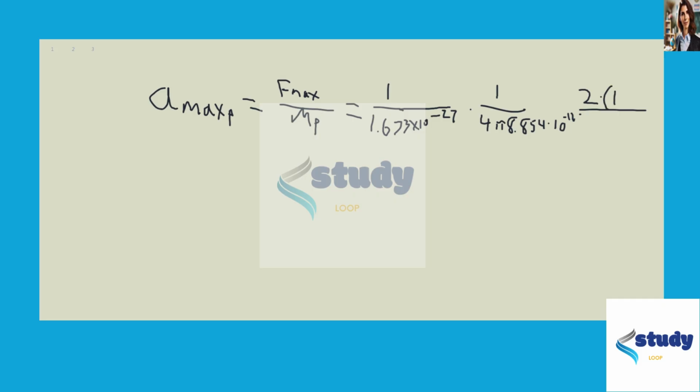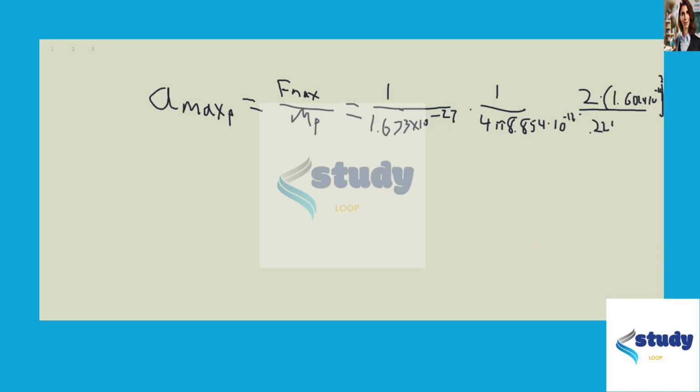To simplify that a little bit, 1.602 times 10 to the minus 19, all squared, because we have 2 times electron charge times 1 times electron charge. And that's all divided by their distance squared, which we're going to put in meters because we're working in SI units.